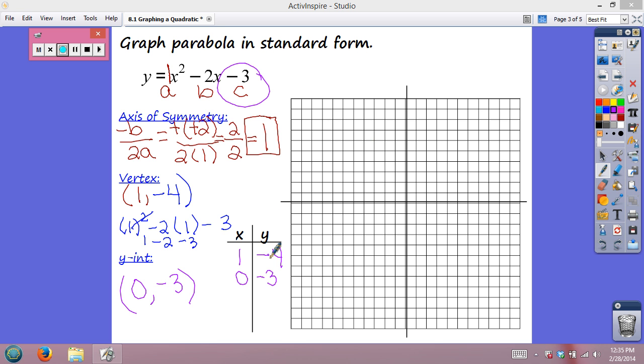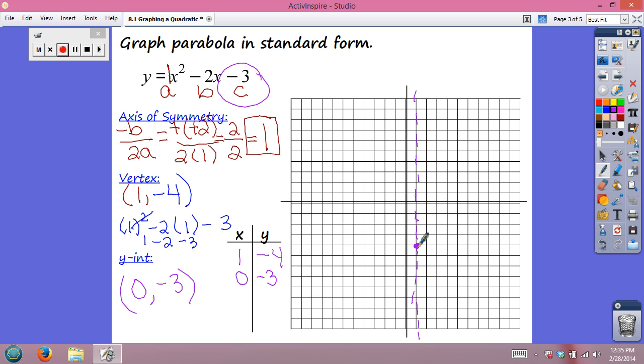Okay, so now that we have our 2 points, our vertex and our y-intercept, we can start plotting. And we know that our axis of symmetry is at x equals 1, so we'll quickly sketch that. X equals 1.